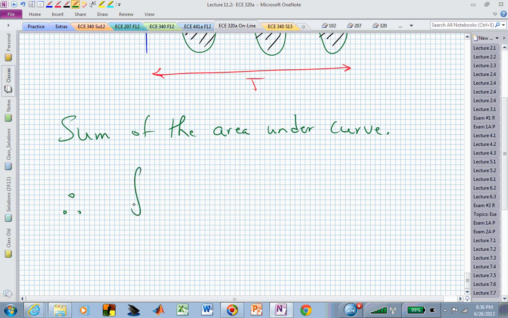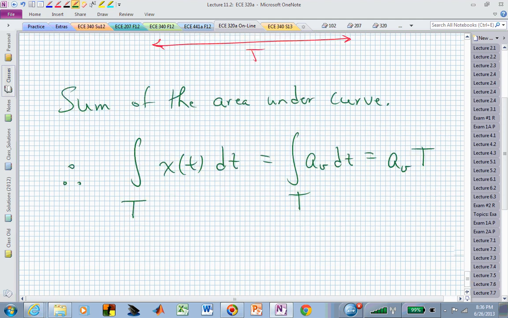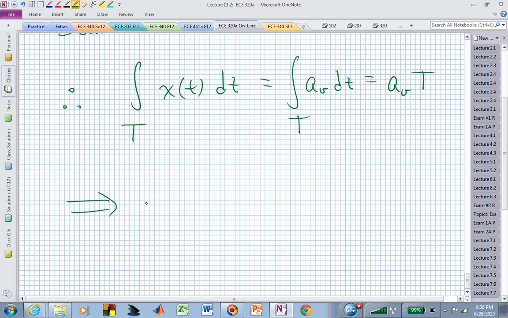And all of those terms then become 0, and that's true for the cosine pieces and the sine pieces, which says that we're then left with the left-hand side, which is this integral of the periodic waveform x of t over the fundamental period of time capital T, and that's now equal to this integral of A sub v dt, which is just, in terms of 1 period, A sub v times T, and that now tells us then that A sub v is what we thought it was.